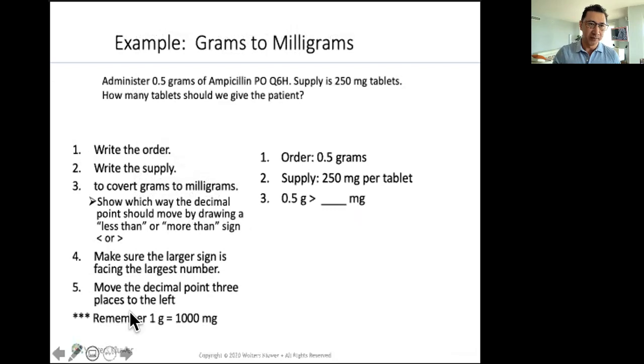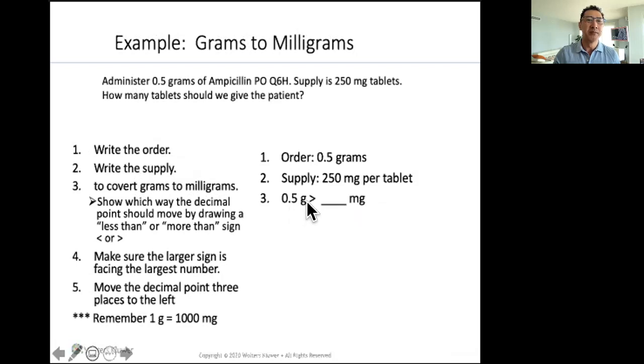There are my steps here on the left. Number 1, write the order. Order is 0.5 grams. Number 2, write the supply. Supply, we have 250 milligrams per tablet. Number 3, to convert grams into milligrams, put it in such an equation.